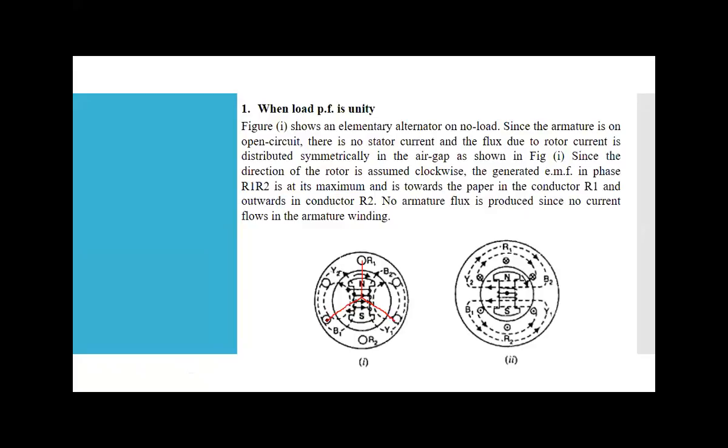It is 120 degrees physically separated. Then you can see the opposite winding: when my R1 is on one pole, exactly 180 degrees away is my R2. Similarly Y1 has Y2 exactly 180 degrees away, and B1 has its B2 exactly 180 degrees away.